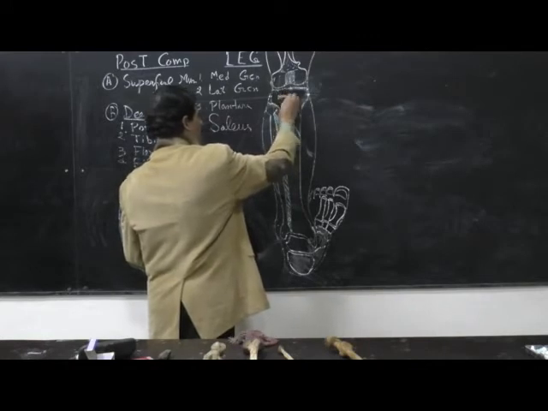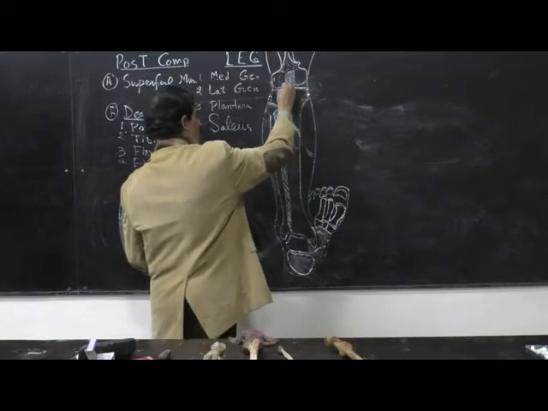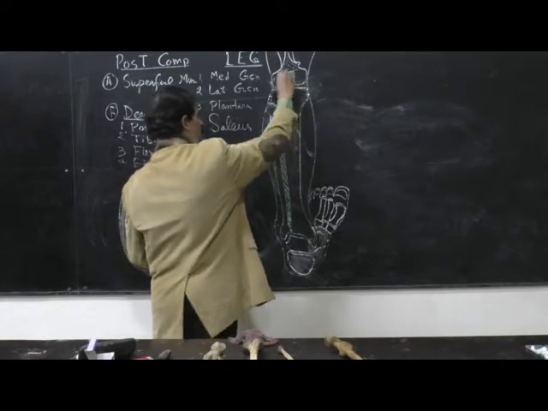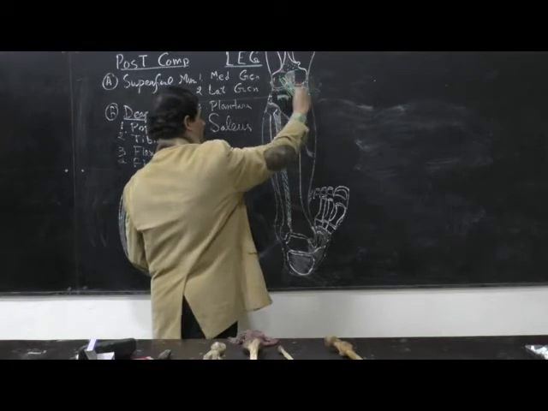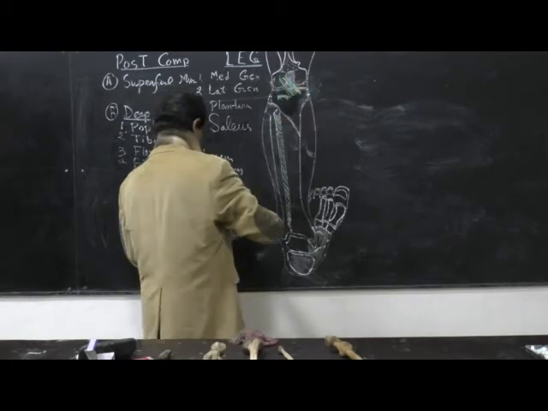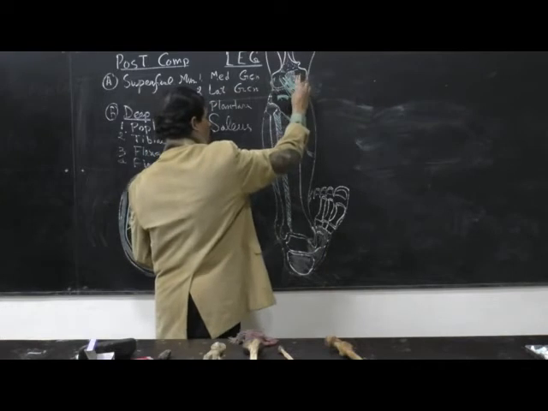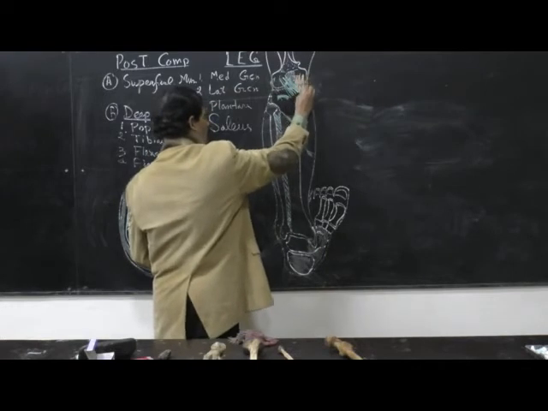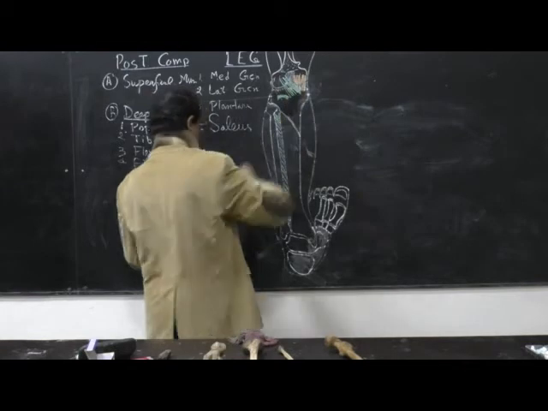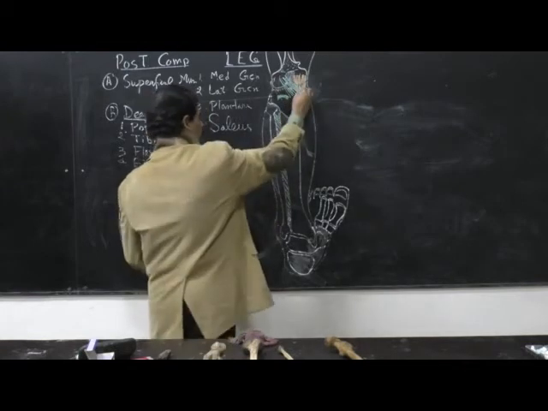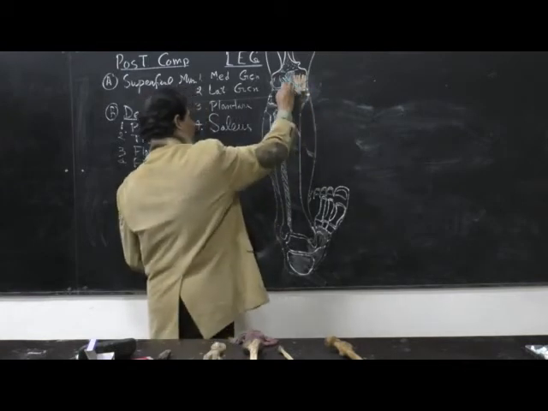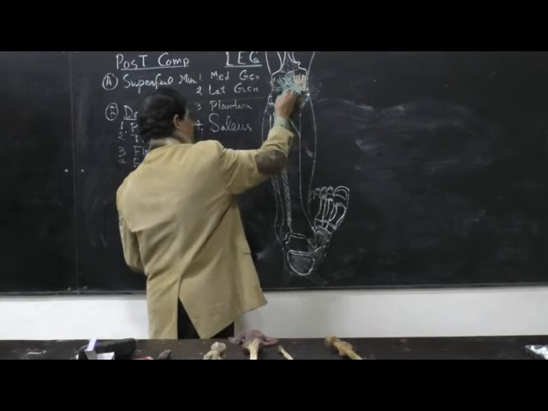Which is the extension of the semimembranosus, the aponeurotic extension of the semimembranosus muscle, which is inserted on the posterior surface of the medial condyle of the tibia. So it has two extensions, one is called the oblique popliteal ligament and this is the arcuate popliteal ligament.